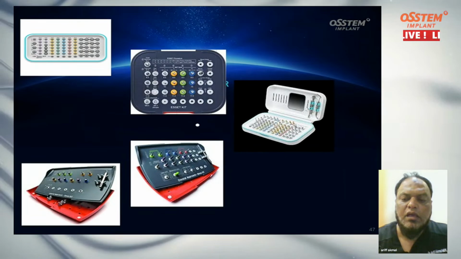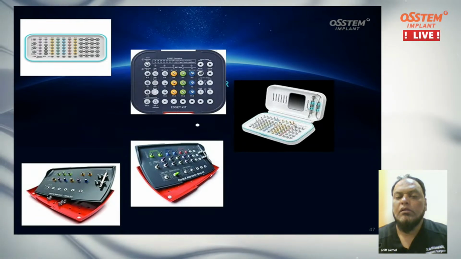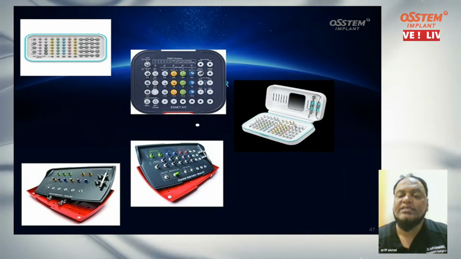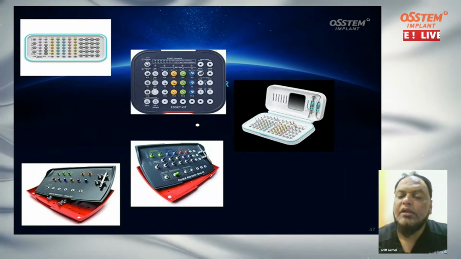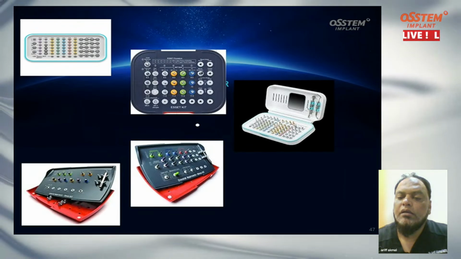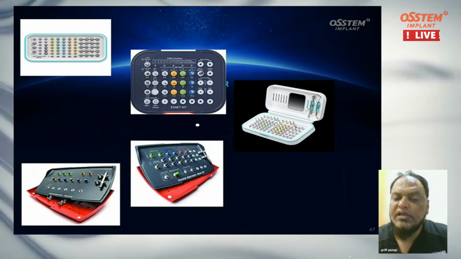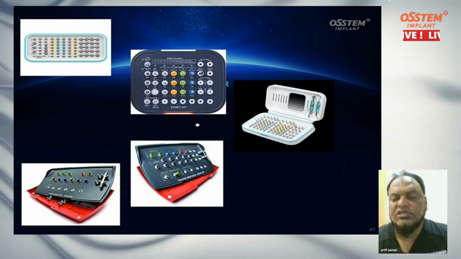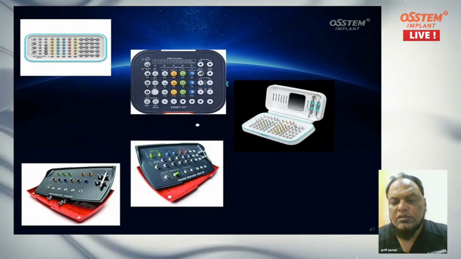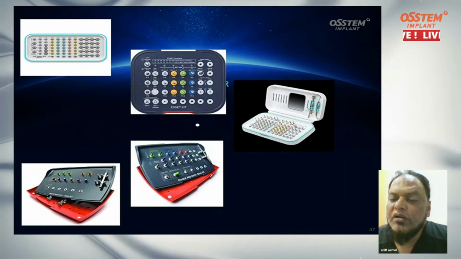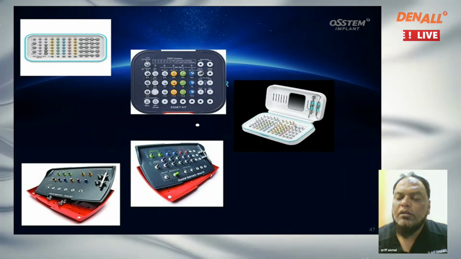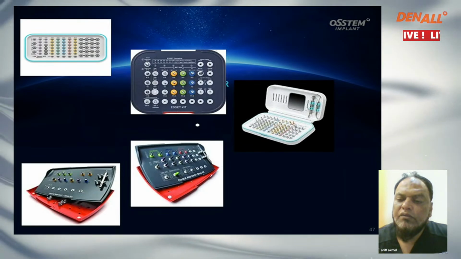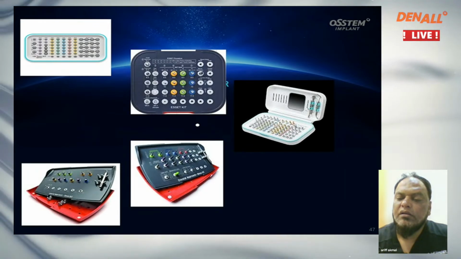Placement of implant, I require a taper kit. The expansion kit, I require it for ridge expansion and ridge split. Then I have the crestal approach kit for sinus. If 5 to 6 mm of available bone is there, I can lift the sinus floor and place the implant without doing the graft.